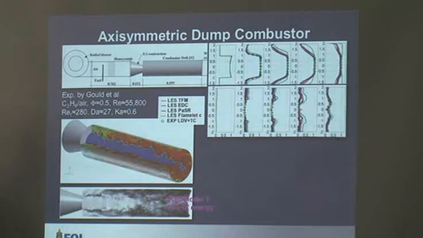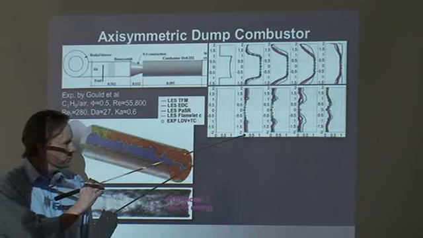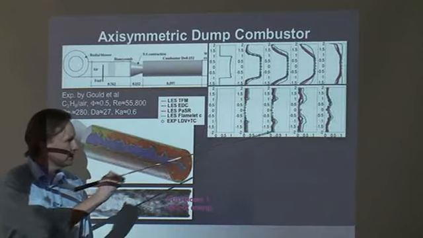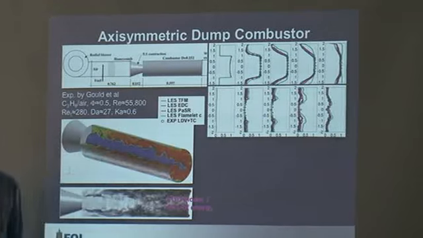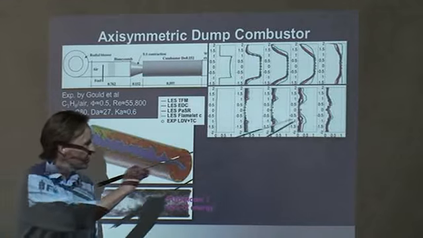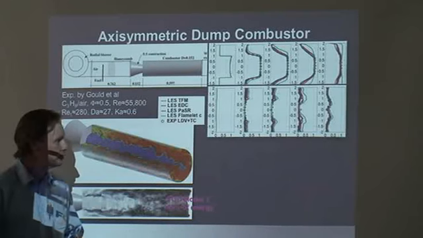For this case, we also have velocity fluctuations, and they're also in reasonably good agreement. The velocity fluctuations from the flamelet models are slightly too high. You can see the green here, whereas the finite rate chemistry models are slightly on the high side, but not as high as the flamelet model.